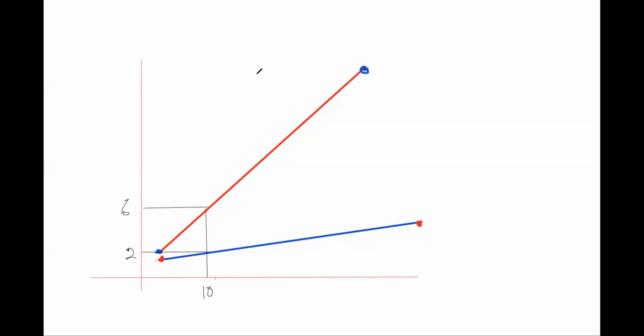Now suppose we increase this 10 to 11. Then let's see what happens. Let's draw it again.